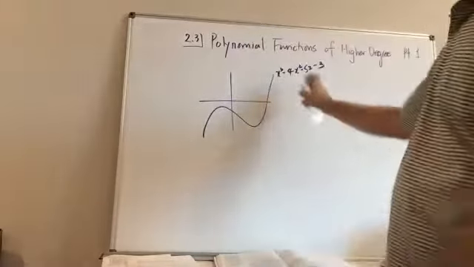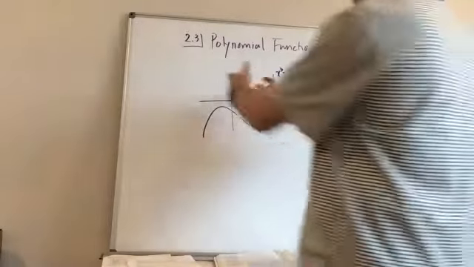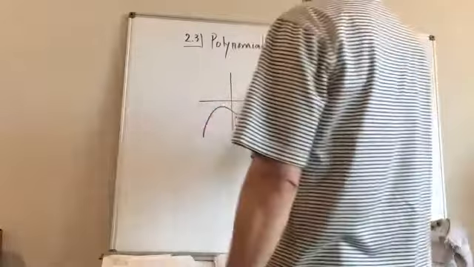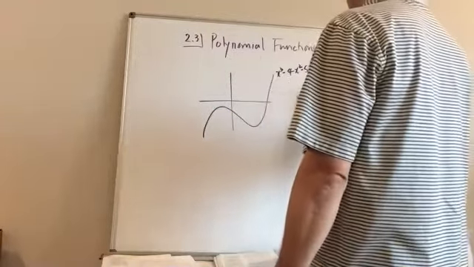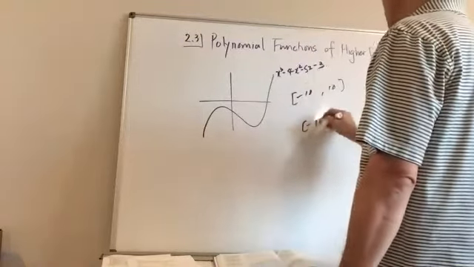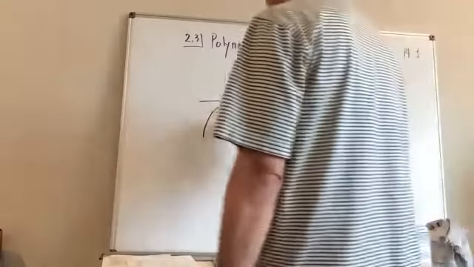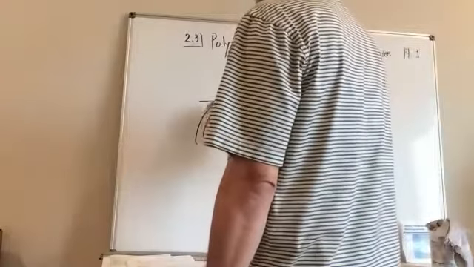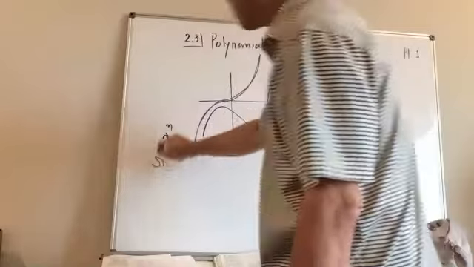Okay, so this guy here, when you keep on zooming out, if you take the window from -10 to 10 and zoom it out to -100 to 100, this graph is going to end up looking like this, which is exactly what this graph looks like.